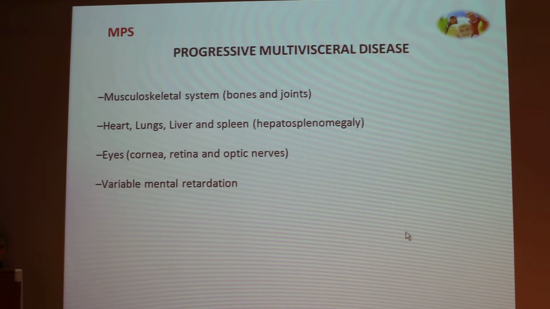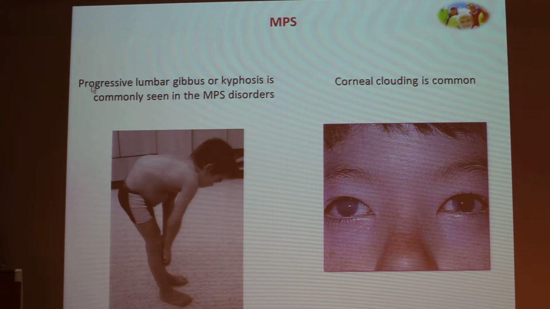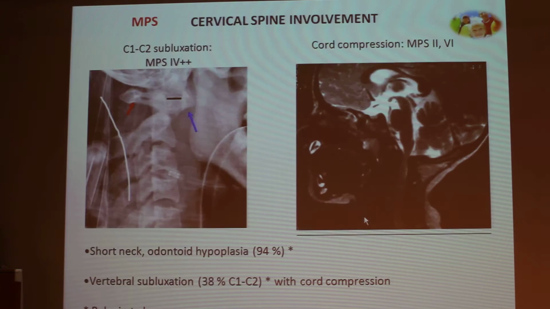So mucopolysaccharidosis is a progressive multivisceral disease that involves the musculoskeletal system, heart, lungs, hepatosplenomegaly, the eyes, and there is a variable mental retardation. You also have a progressive lumbar gibbus or kyphosis, and you could have a corneal clouding.